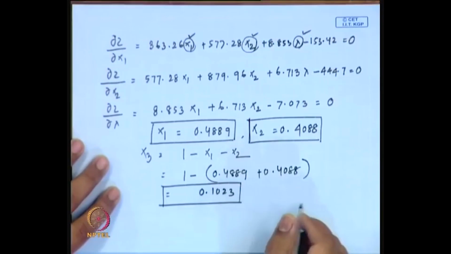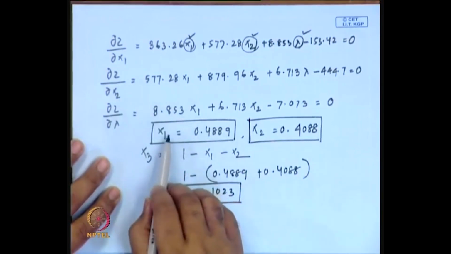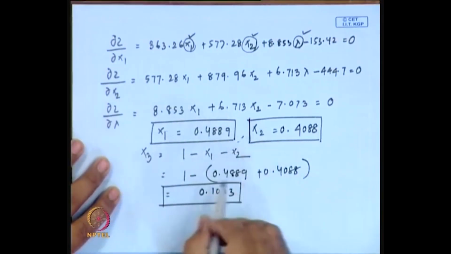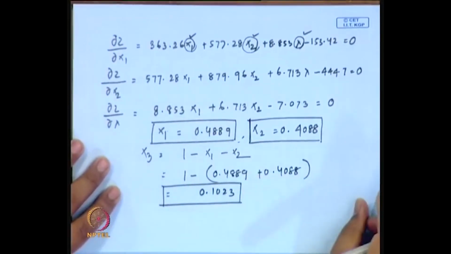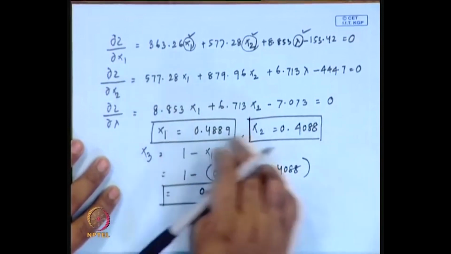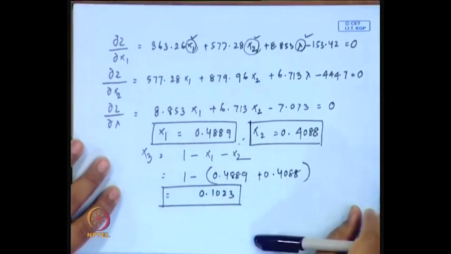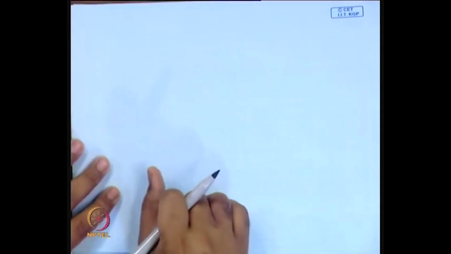The allocation of the funds is such that x1, x2, x3 will all be invested in this particular portfolio, and basically this is the way this Lagrange multiplier theory gives this answer.